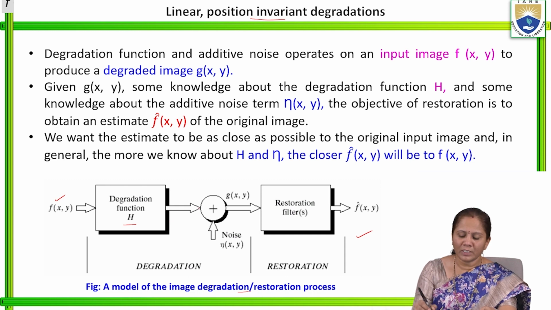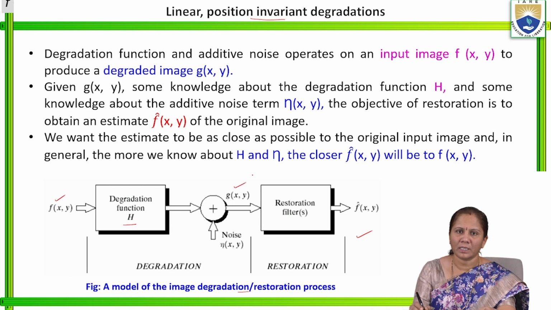The output of this degradation stage is g of x comma y. To this, the additive noise eta of x comma y is added. After that, this degraded image is given as input to the restoration filter. By using filters, we get the estimated output.